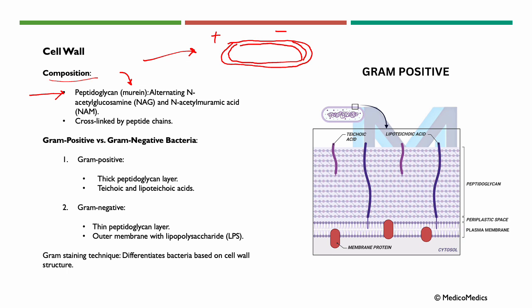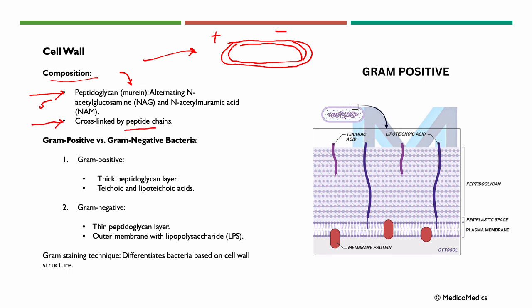And this peptidoglycan is a polymer made of two repeating sugar molecules that form a glycan backbone. Okay, so we will find sugar here, derivatives of glucose essentially. And this forms a glycan backbone. Now, these sugars then are linked to short peptide chains.